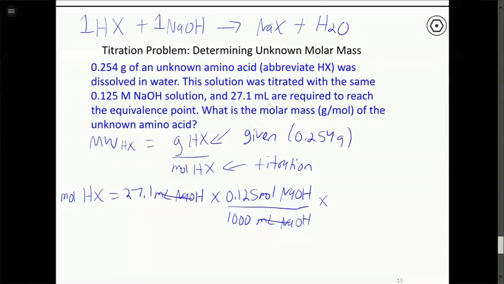And then finally, we know that they react in a 1-to-1 ratio, so we have 1 mole of HX present for every 1 mole of NaOH that reacts. And so when we calculate this out, we find that there are 0.00339, sorry, I think I missed a 0 there.